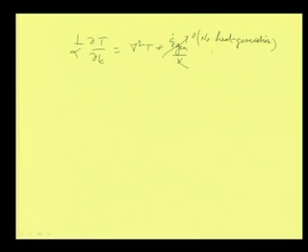Then our equation is reduced to this form: grad square T is equal to 1 by alpha del T by del t.